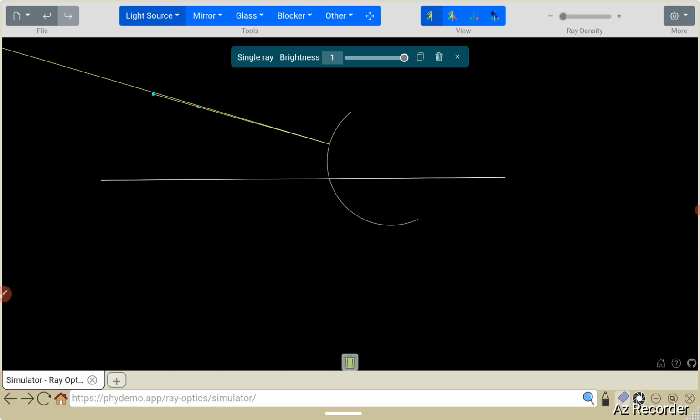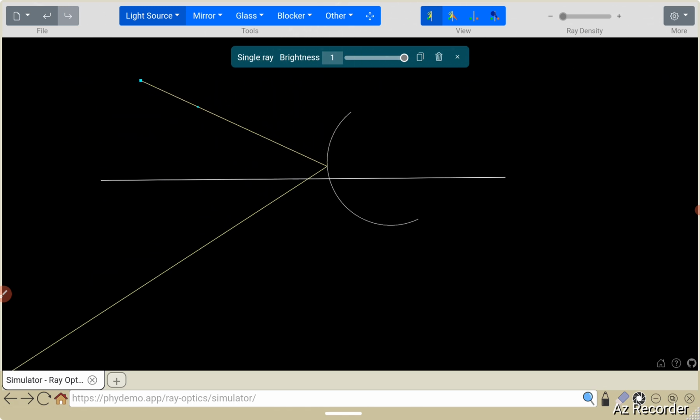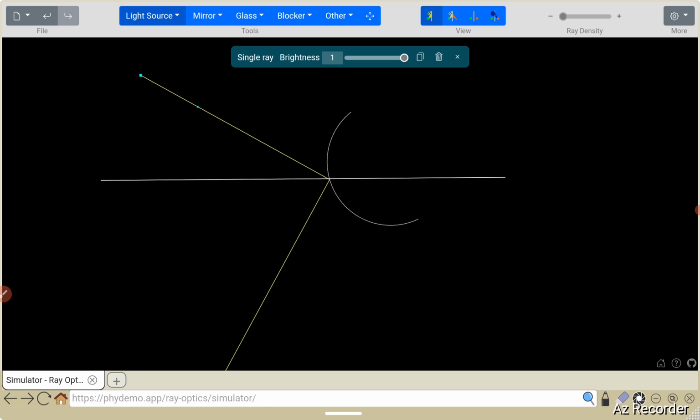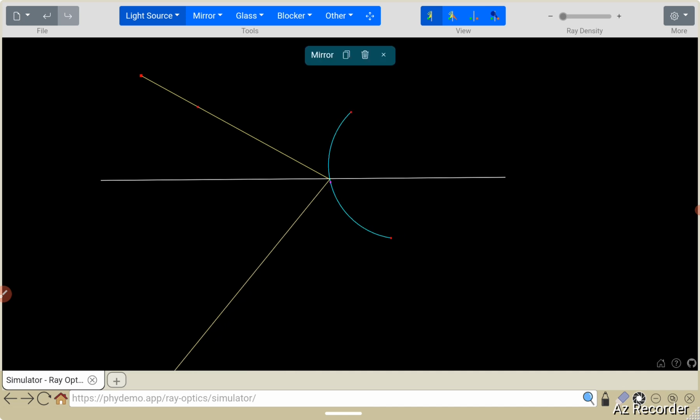Then, let us take the light ray which is striking at the pole of the convex mirror. We know, right? I'm just taking it as striking at the pole. So somewhere here, this one. That means actually this is not the pole. That is not the midpoint, correct?